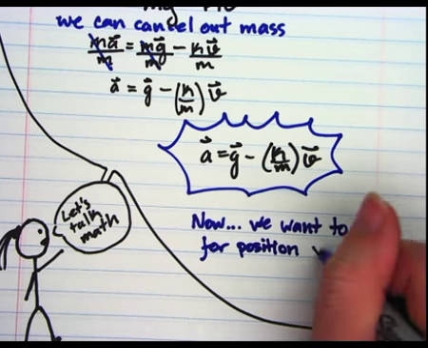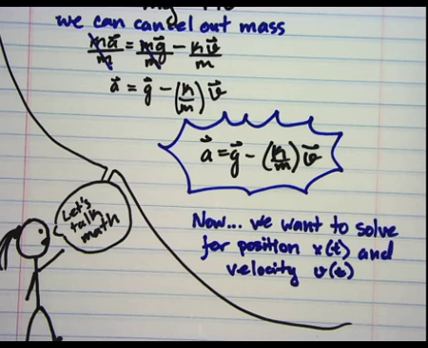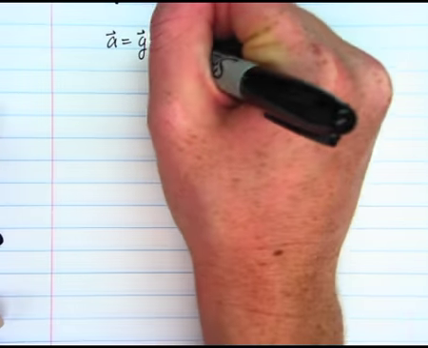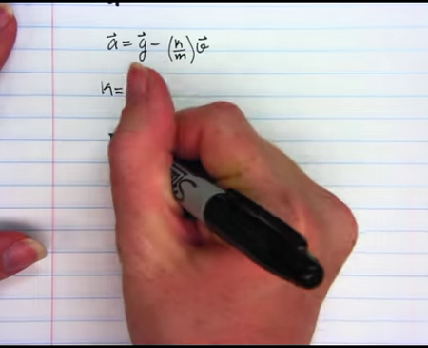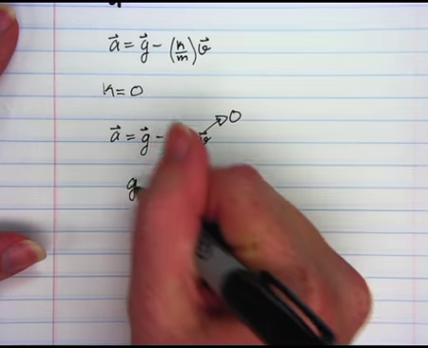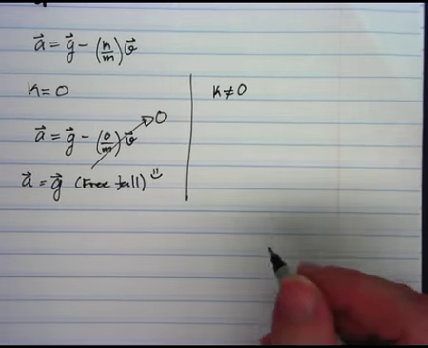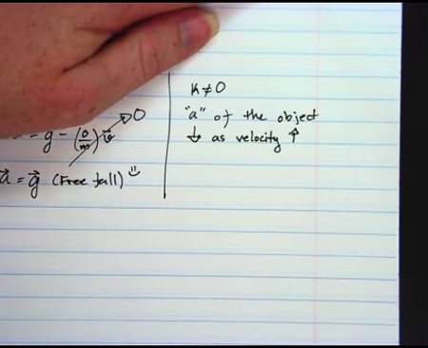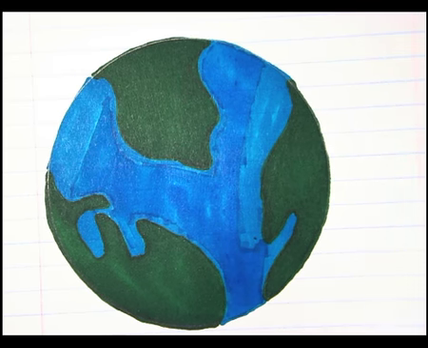Okay, so what we want to do is, using this equation, find position and velocity as a function of time. But let's explore all the things we can do with it. Say k is equal to 0, then that whole term goes to 0 and we have free fall, a equals g. Now say k isn't equal to 0.